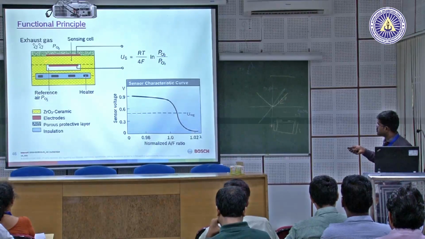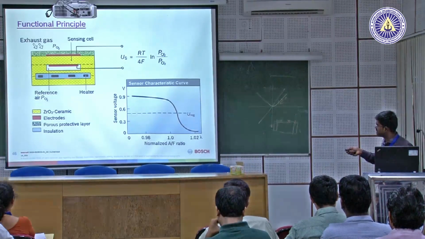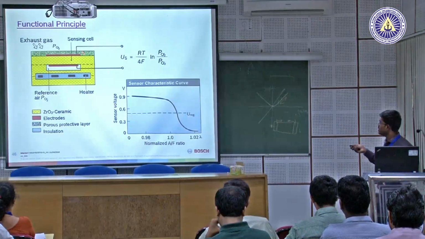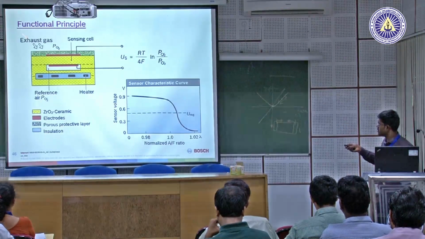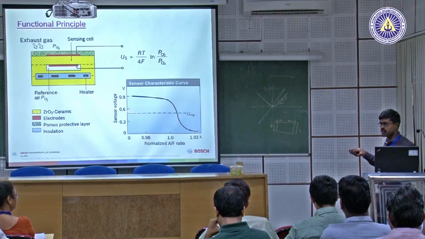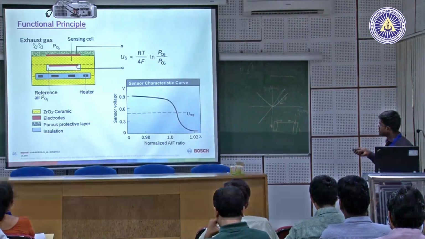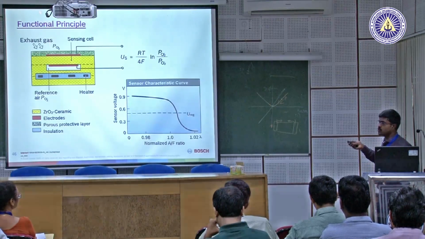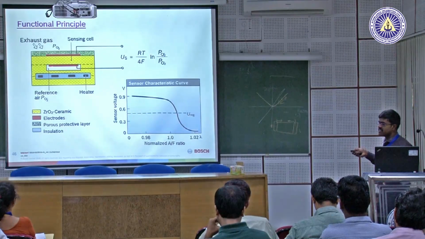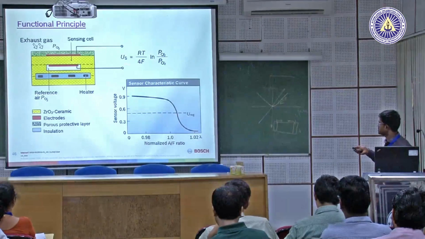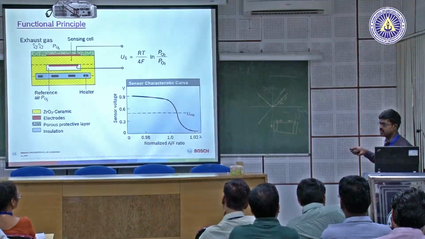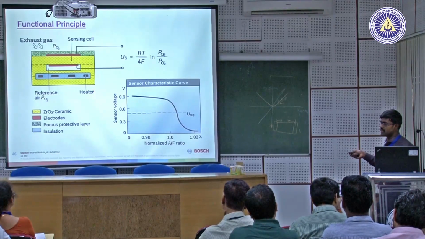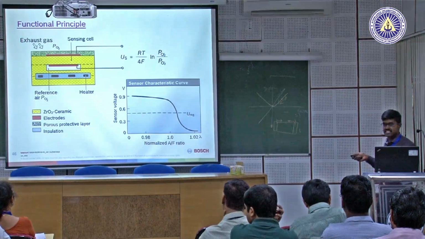There is a partial pressure created by the number of ions from that 20% oxygen, and on the other side there is a partial pressure created because some oxygen is left over after combustion. Because of that, oxygen ions flow from one electrode to another. This is calculated as a current signal and given in terms of voltage. This is called the Nernst cell, the Nernst principle, by which the oxygen content is calculated.